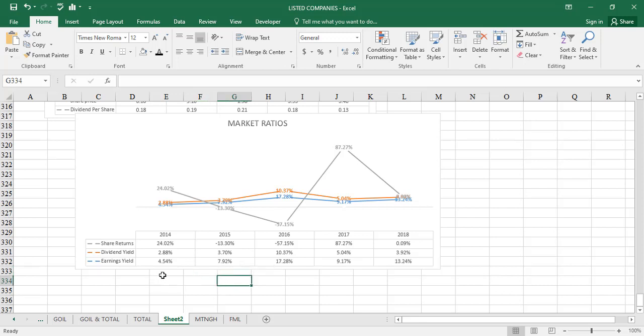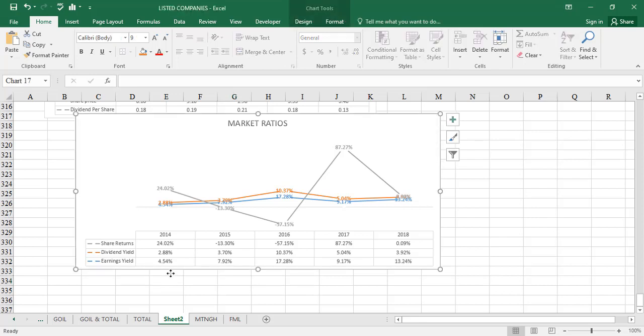Now let's look at its closest variable, that is the earnings yield, which has the same explanation. How much are you going to generate from the company's earnings if you invest 1 cedi in the company?